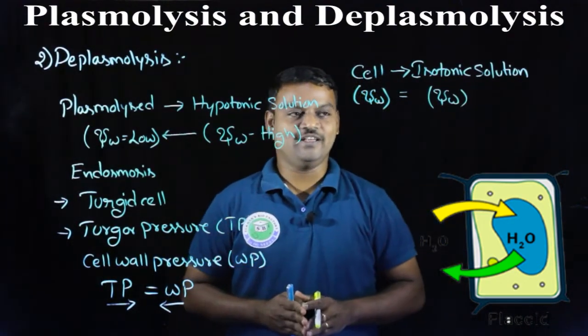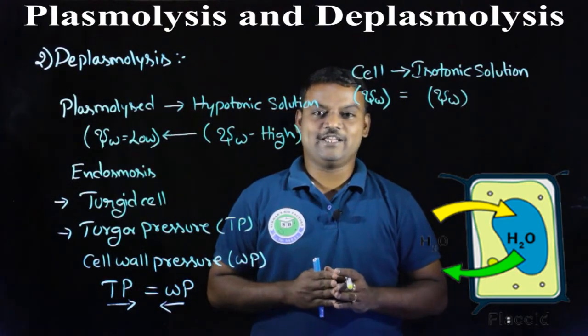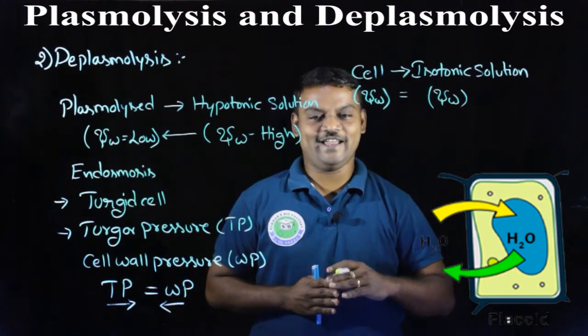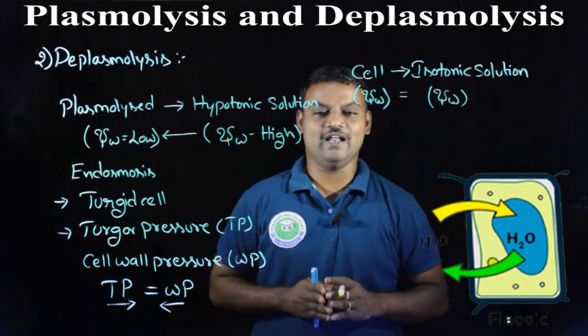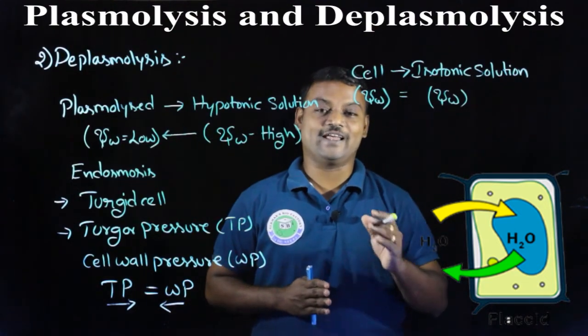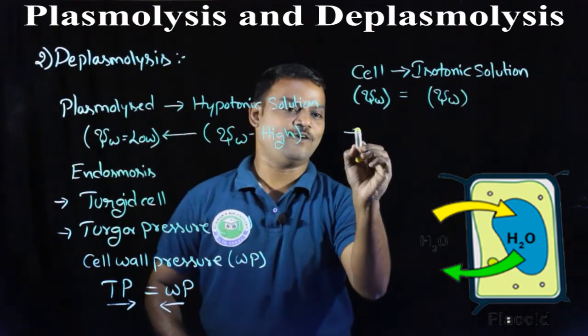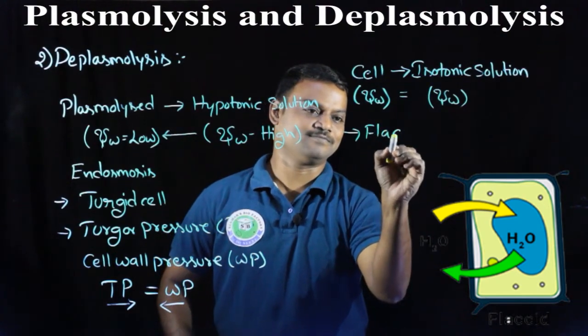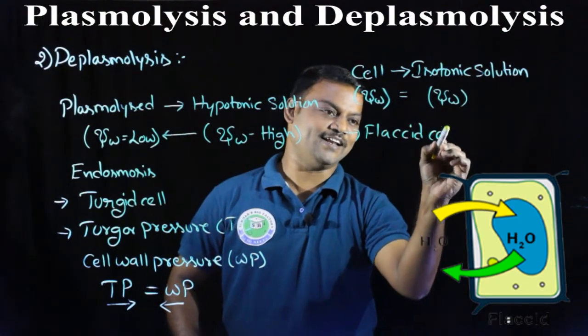In this condition, water movement takes place from outside to inside and inside to outside of the cell freely. That cell is considered a flaccid cell. It is called a flaccid cell.